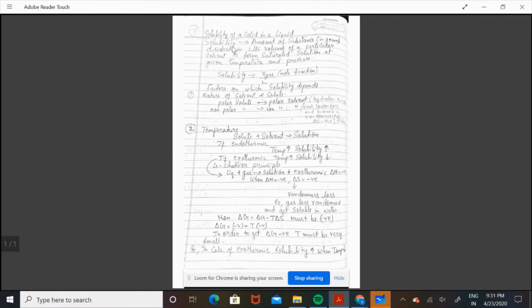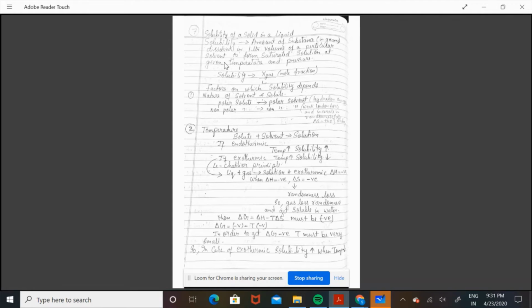So solubility, by definition, is the amount of substance. What is substance over here? Substance is the solute, and the weight of that solute is measured in grams, which has been dissolved in 1 liter volume of a particular solvent. See, every solvent has affinity for different kinds of solute.